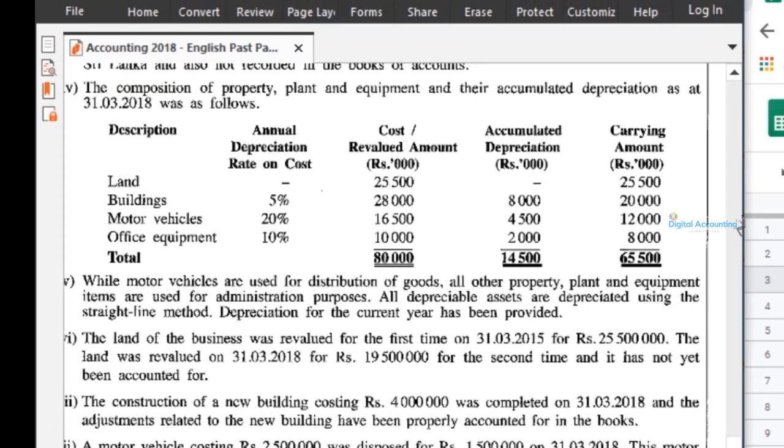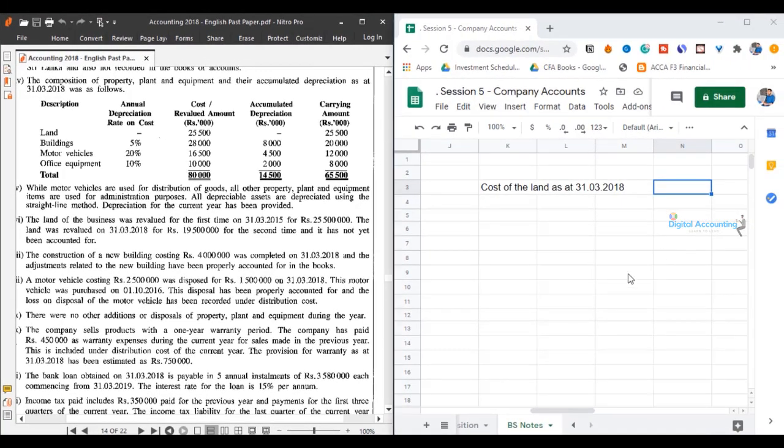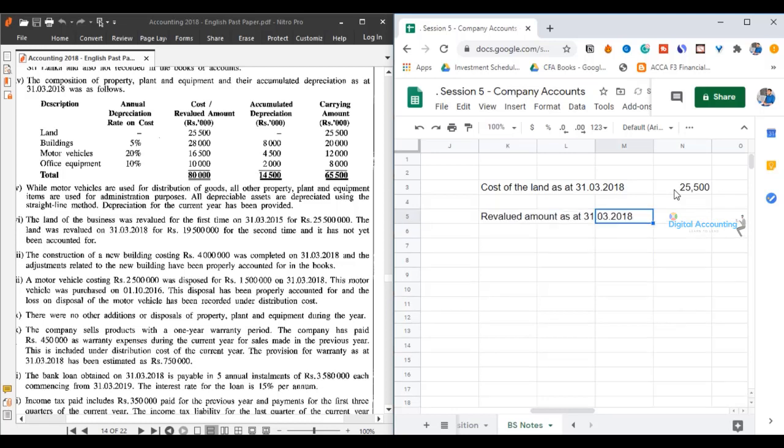So the cost of the land as at 31st March 2018 is 25,500. The revalued amount as at 31st March 2018 is 19.5 million. We are doing the question in thousands, so 19,500.